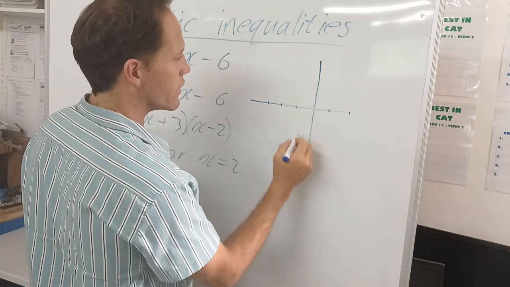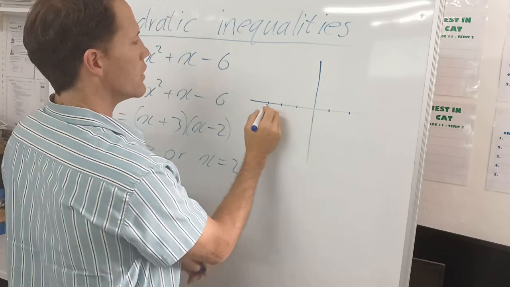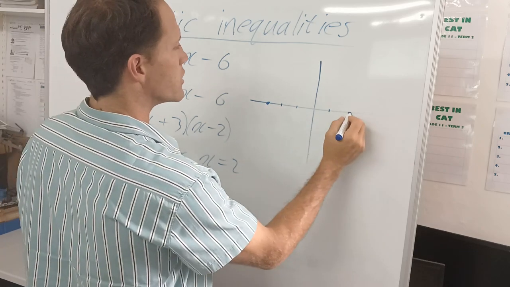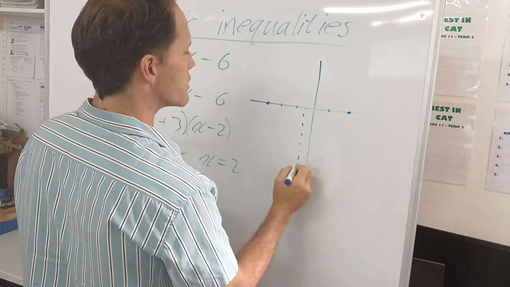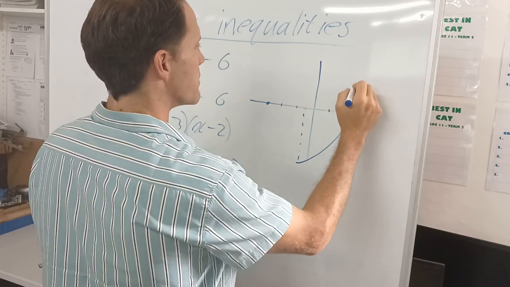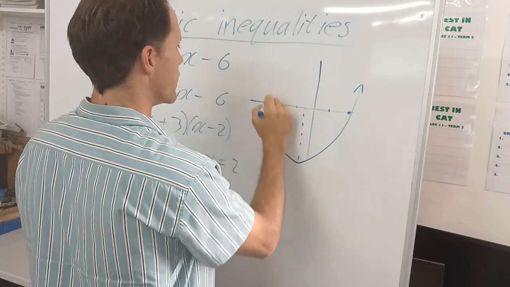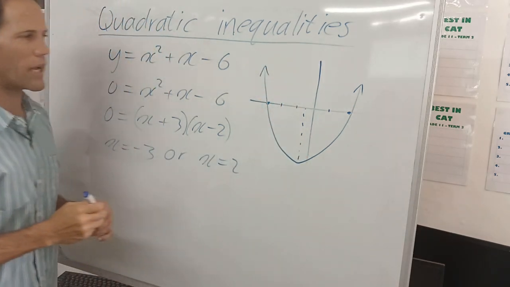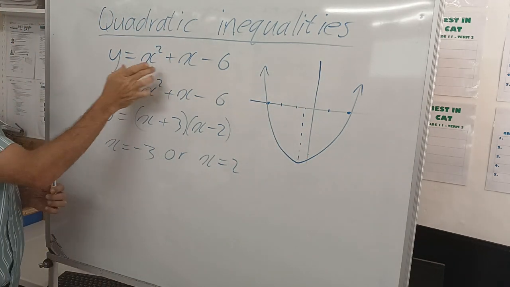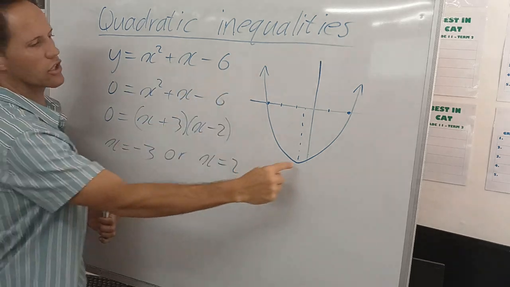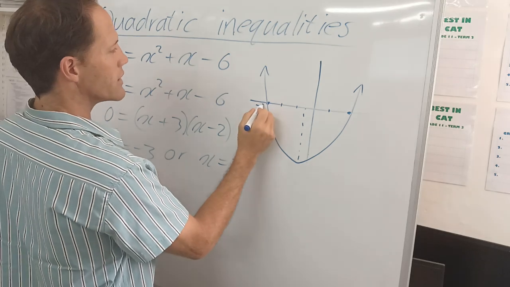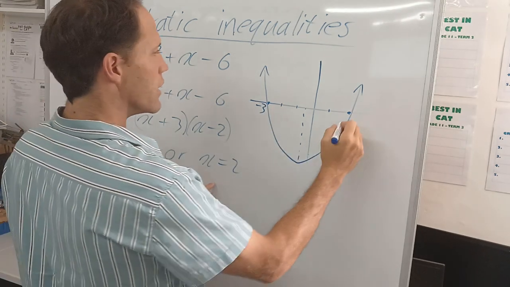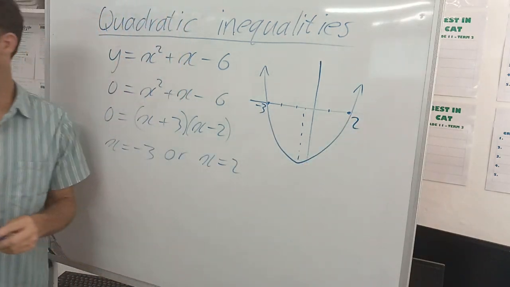So it's going to be somewhere around there, and the middle would be like negative 0.5 this way. I'm just making a rough sketch so that you can get an idea. You get a parabola that looks something like this, with an x-intercept at negative 3 and an x-intercept at 2.